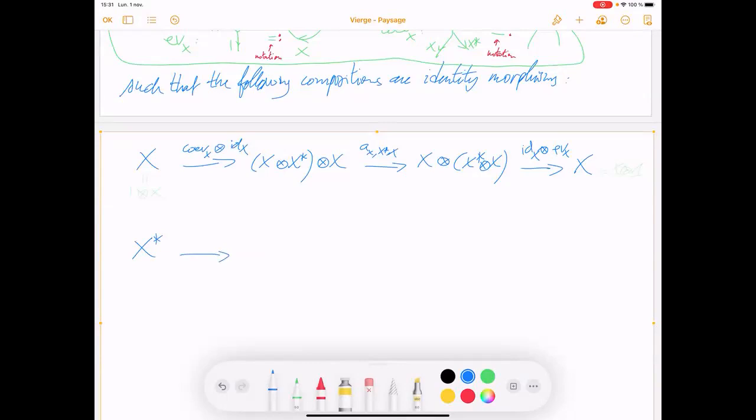So from X star to X star, you have the similar. So this is X star tensor 1. So identity of X star tensor co-evaluation of X. What you get is X star tensor X tensor X star.